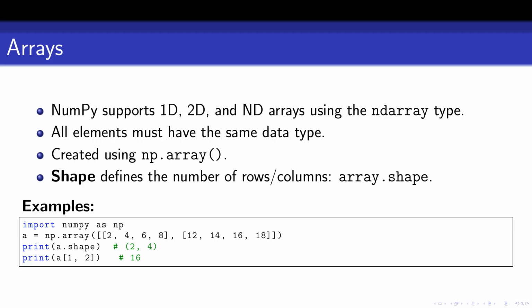You can access the shape of an array using .shape, which returns a tuple indicating the number of rows and columns. Accessing individual elements is done using bracket notation, such as A[1,2] to access the element in the second row and third column. These arrays are essential for numerical tasks like statistical analysis, matrix algebra, and machine learning model input.